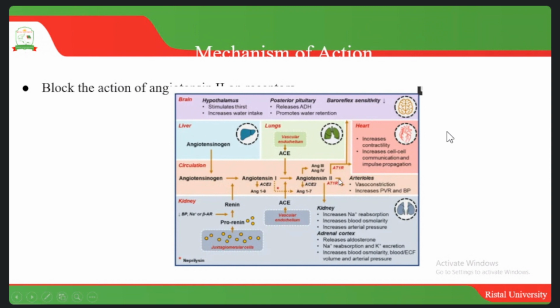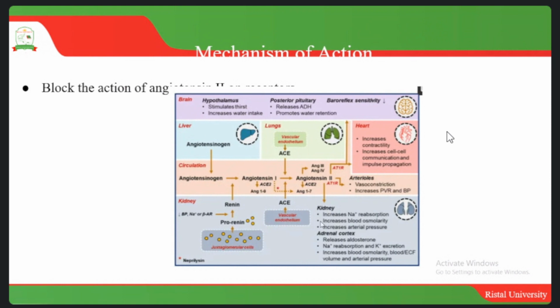And when the kidneys are affected, there will be increased sodium reabsorption into the blood system, which will also increase blood osmolarity, and there will be increase in arterial pressure. Arterial pressure is like increase in the pressures of the blood passing through the blood vessels, especially the arteries.